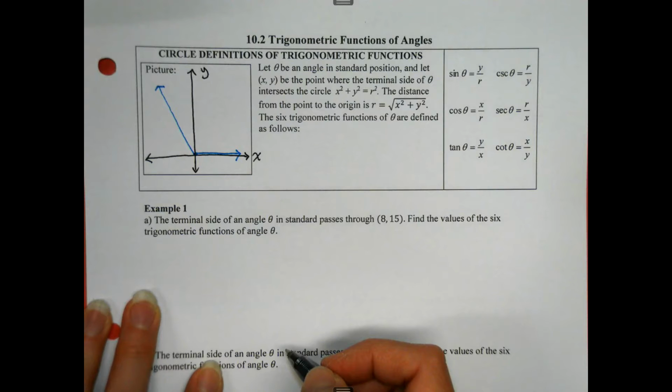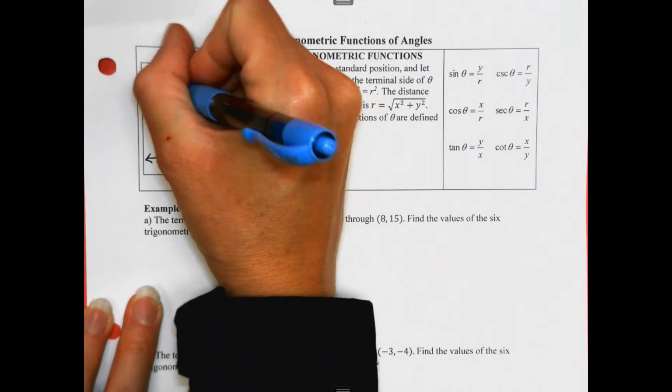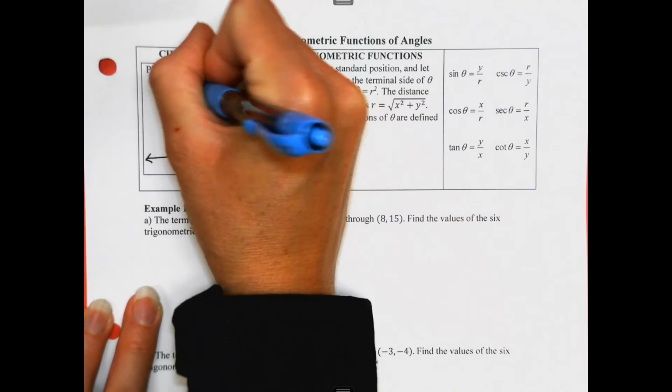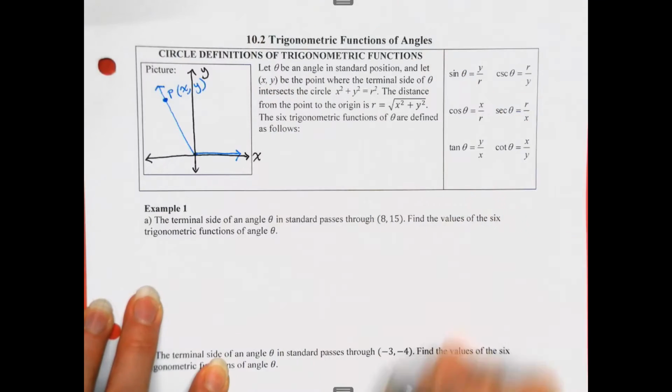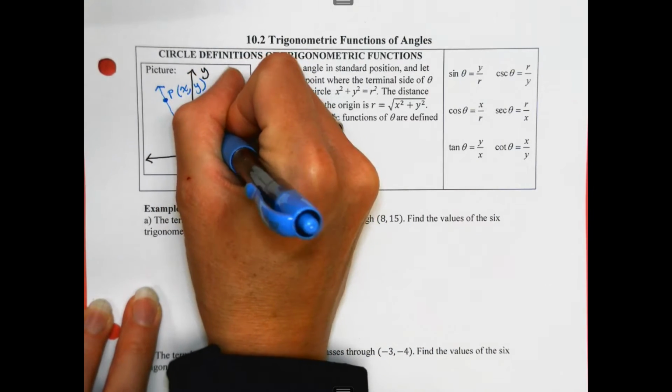And it says let xy be the point where the terminal side of that angle intersects the circle x squared plus y squared equals r squared. We're going to say this is our point P, and it has an ordered pair xy. And our angle theta rotated.